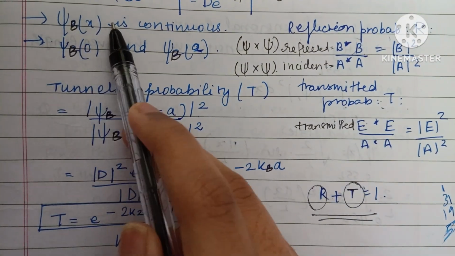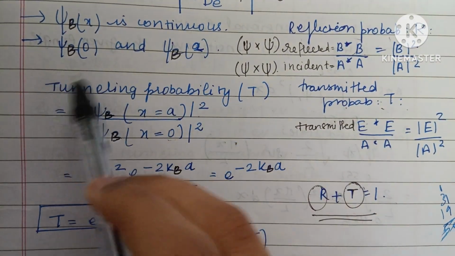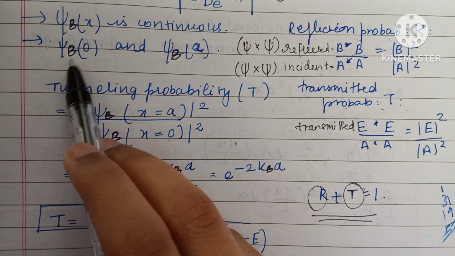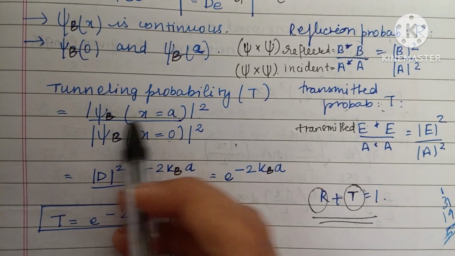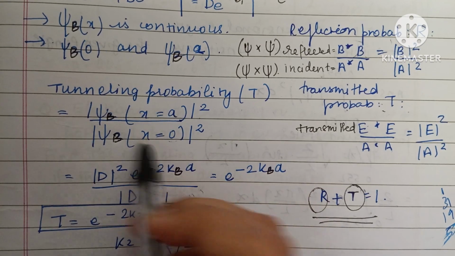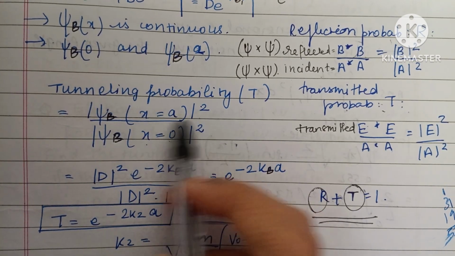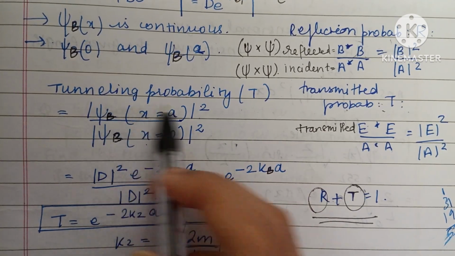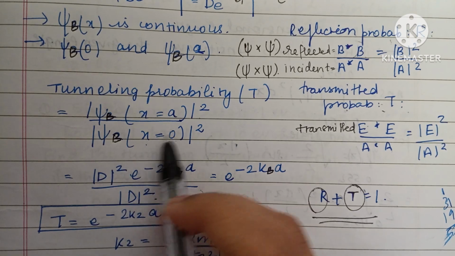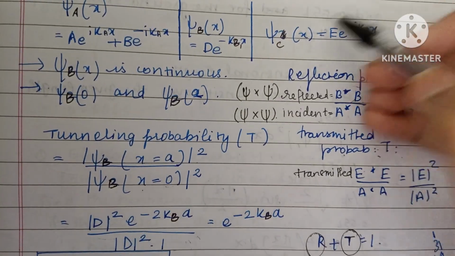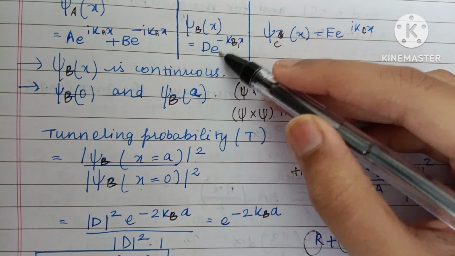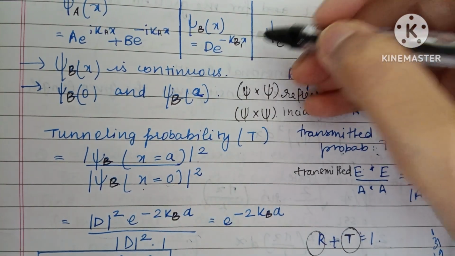We know that psi b of x is continuous, and so to find this we take psi b of 0 and psi b of a. Here when x is equal to a and x is equal to 0. So mod of this function square by mod of this function square. We already know that psi b of x is D e power minus k b x.